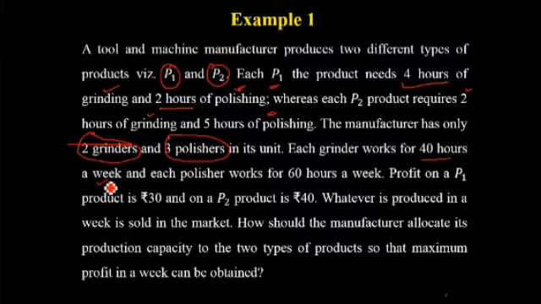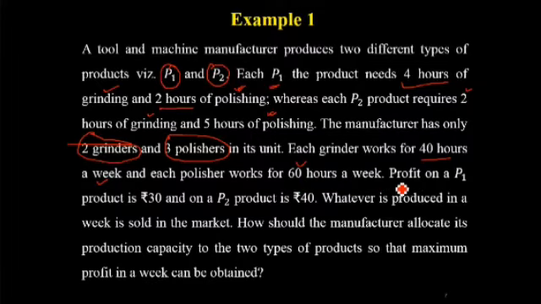Each grinder can work 40 hours and there are 2 grinders, which means 80 hours at max. Each polisher works 60 hours a week, so with 3 polishers we can use a maximum of 180 hours per week.